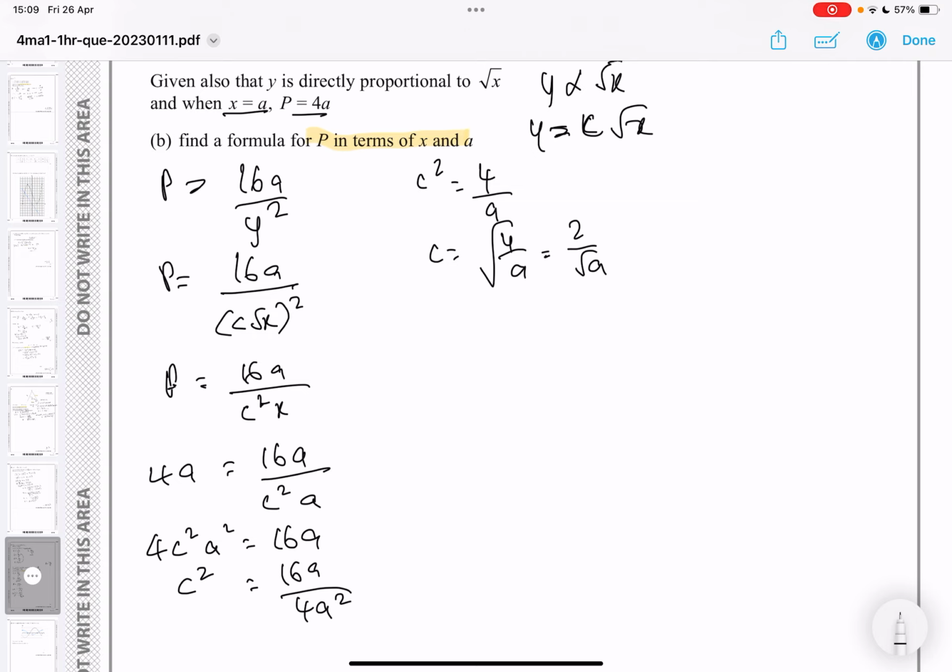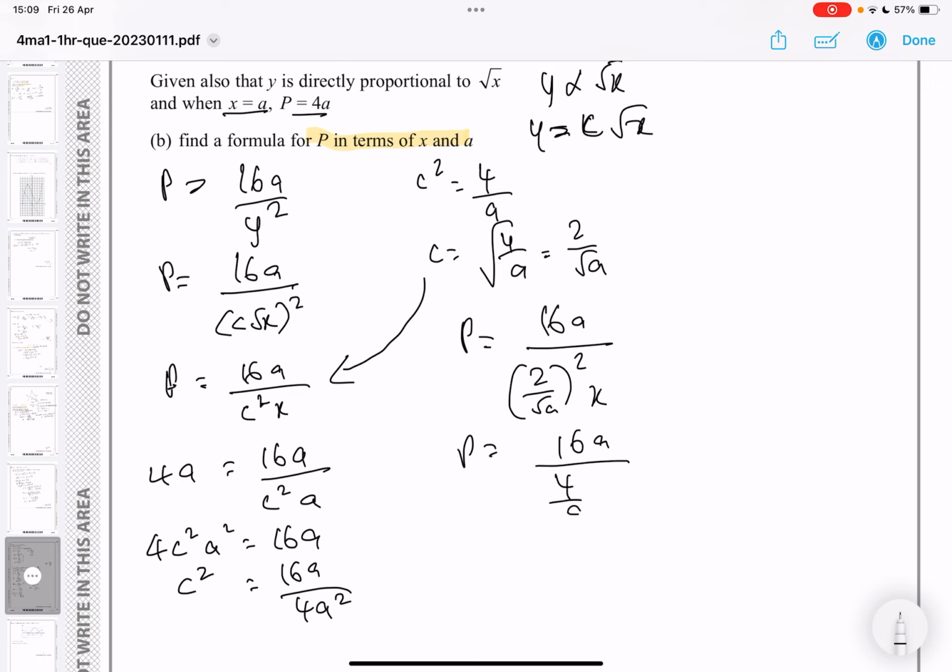Now that we've worked out what c is, we can substitute that back into the original equation. So p equals 16a divided by 2 divided by root a, squared, multiplied by x. And if we simplify this a bit, 2 squared is 4, root a squared is a, so 4x over a.